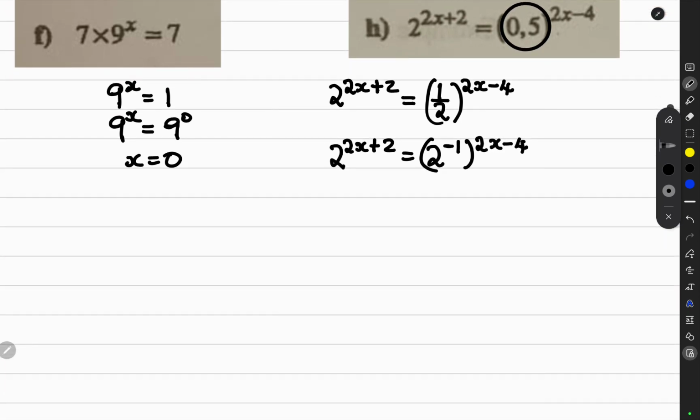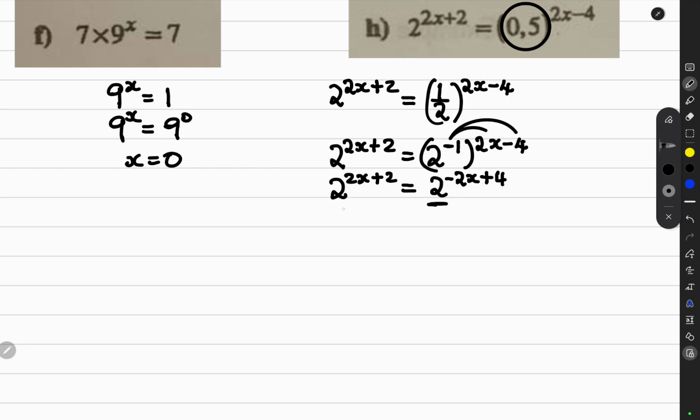Then you'll have to multiply the negative just outside here. All right, let's multiply. We're going to have 2 to the power 2x plus 2, then 2 to the power negative 2x plus 4.